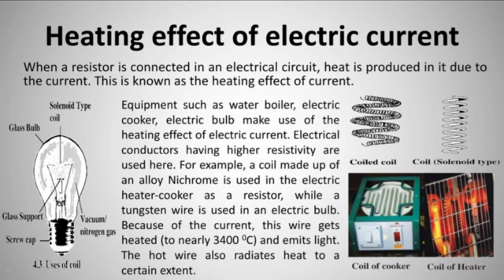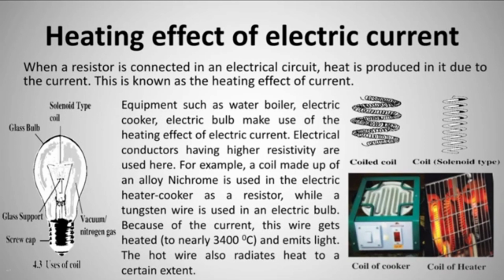Due to this high resistivity against the electric current, heat is produced on a large scale, which helps in the heating of appliances such as heater and cooker. Thus, water is boiled and food is cooked easily.